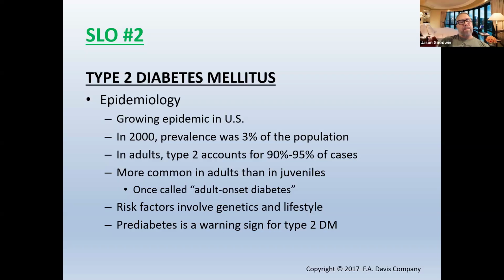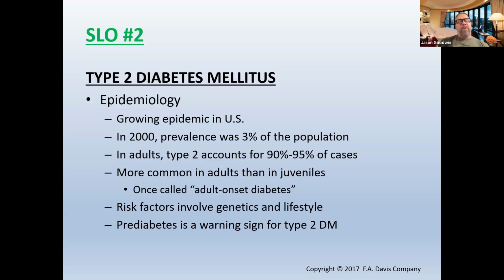It's one of the biggest public health problems in the world, and it has been for a long time. It's more common in adults than juveniles. It used to be called adult onset diabetes.